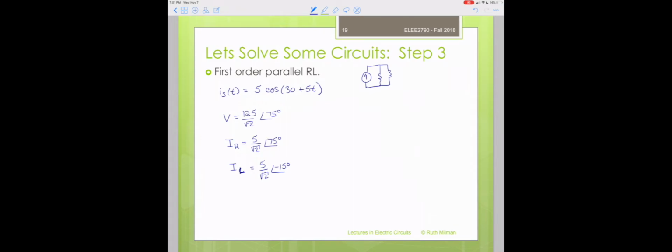It's 90 degrees slower. We also know that we have C e to the minus t over 0.2, so our time constant is 0.2, and that's the structure of the transient. So these are the steady states, and this is the transient.